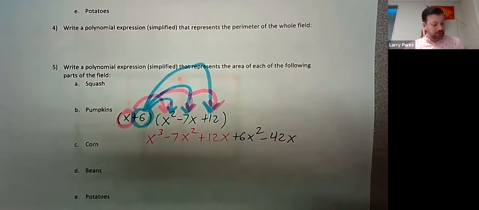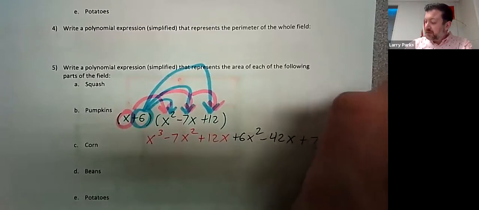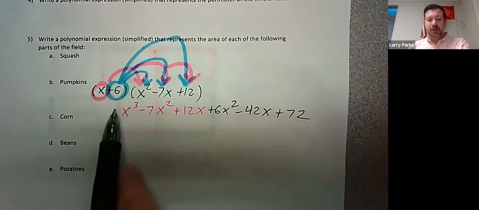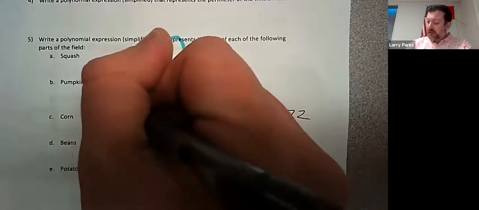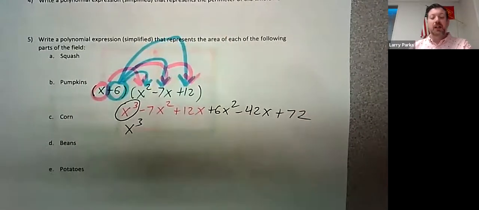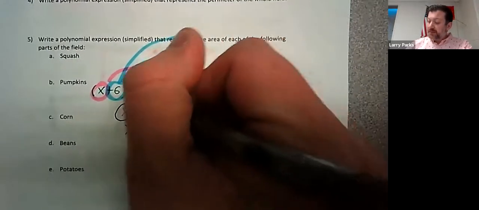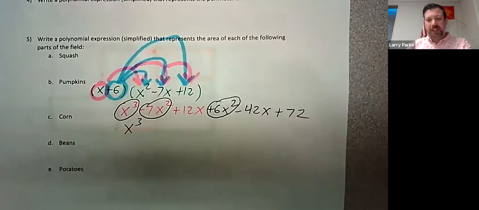And then 6 times 12, 72. Combine like terms. There's no other x cubes. Again, I like to circle as I go. And then x squared, I have a negative 7x squared and a 6x squared. That makes a negative 1x squared.